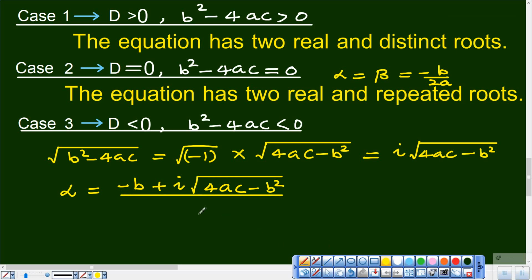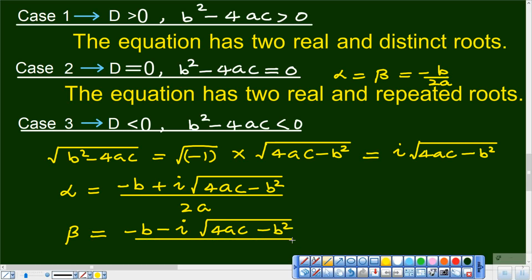and beta can be written as minus b minus i under root 4ac minus b square upon 2a.